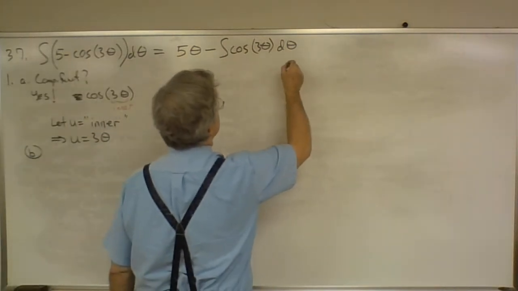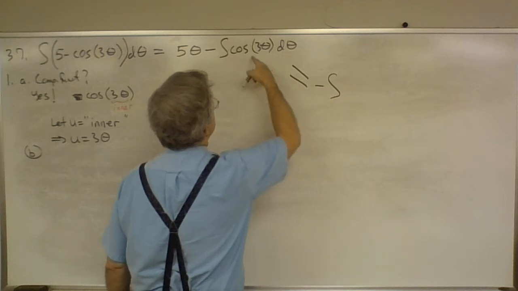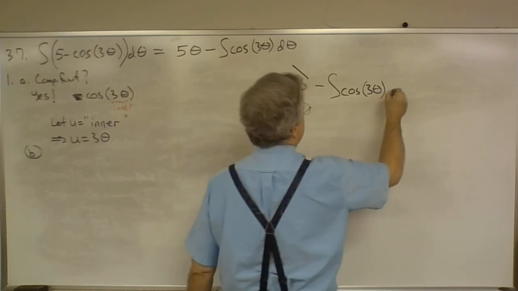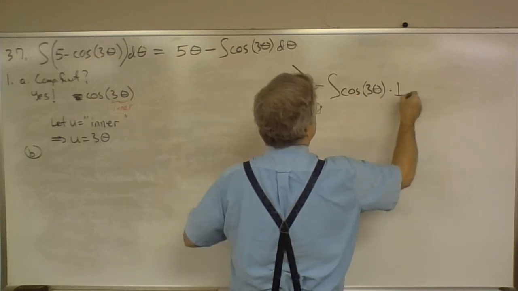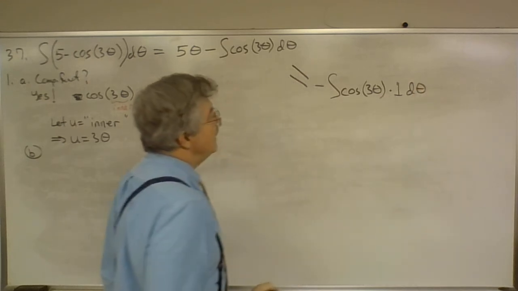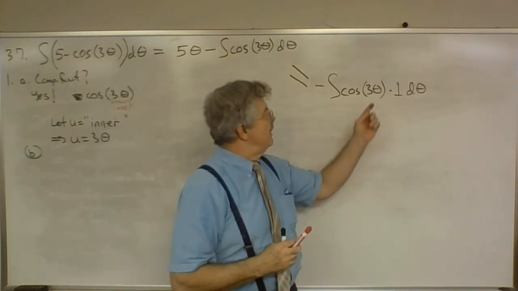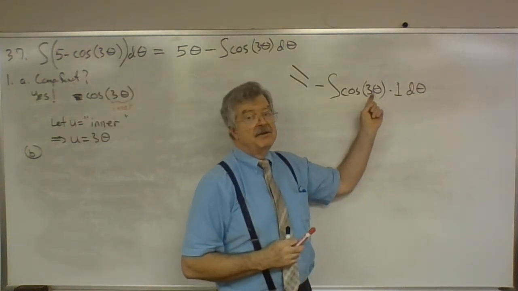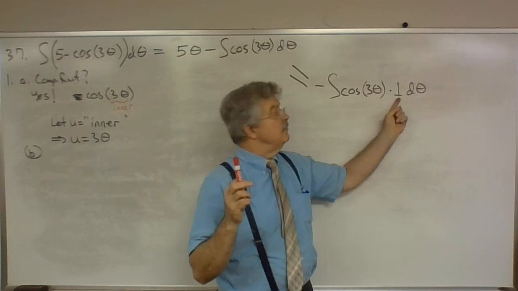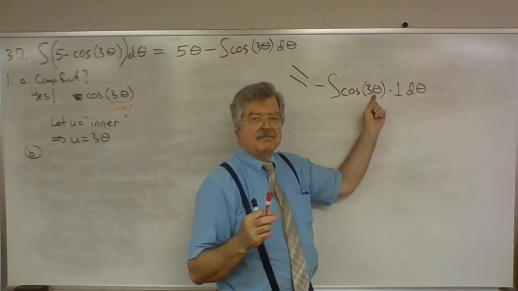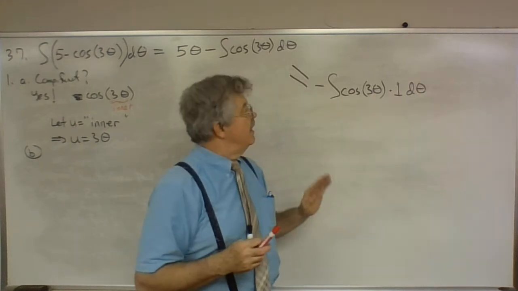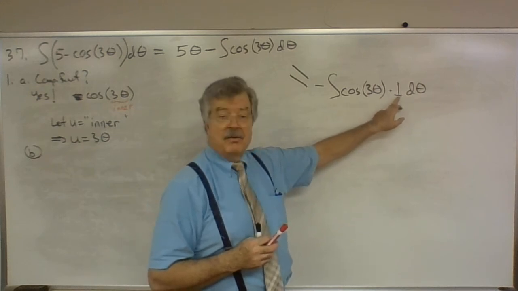I'm going to smarten up and say, this is the antiderivative or integral of cosine of 3 theta, and there's a factor of 1 right after cosine of 3 theta. I'm doing this because I know that the derivative of 3 theta is going to be a constant. It's going to be 3. I'm sorry, 1 is a constant multiple of the derivative of 3 theta. So I'm not going to pretend like I don't know that this factor is there.